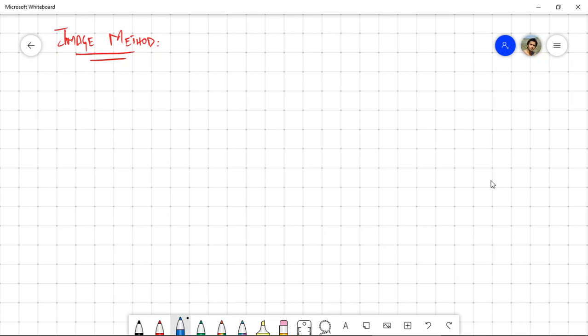In that special scenario, we have an unlimited length of a conductor, and as you know, this is a conductor and it is connected to ground, so the voltage at this conductor will be equal to 0.